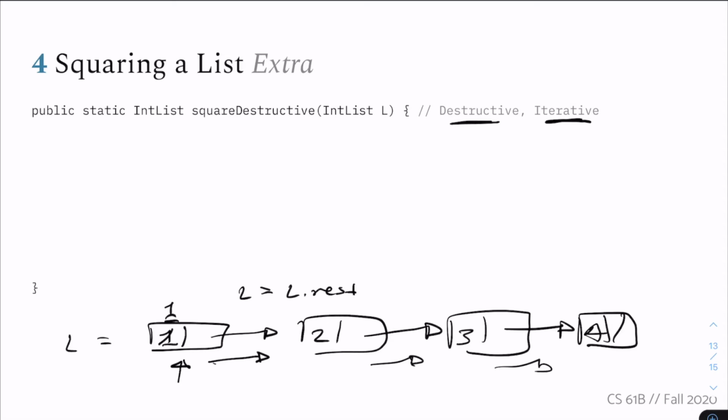Now, can we just do L equals L.rest over and over again? Technically, yeah. But the problem with that is, in the end, we want to return the same int list we passed in. And remember, this is not doubly linked. Once you go this way, you can't come back. There's no pointer taking you from item 3 to item 2. There's only a pointer taking you from item 2 to item 3.